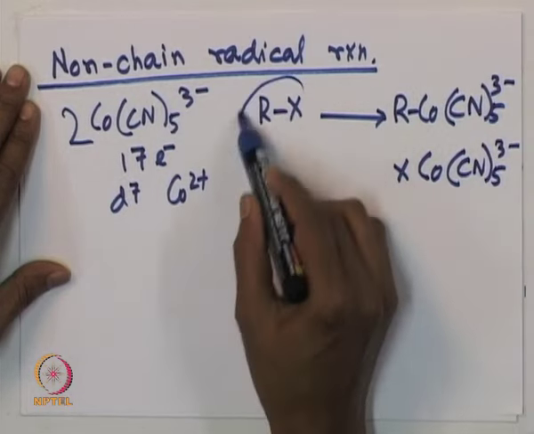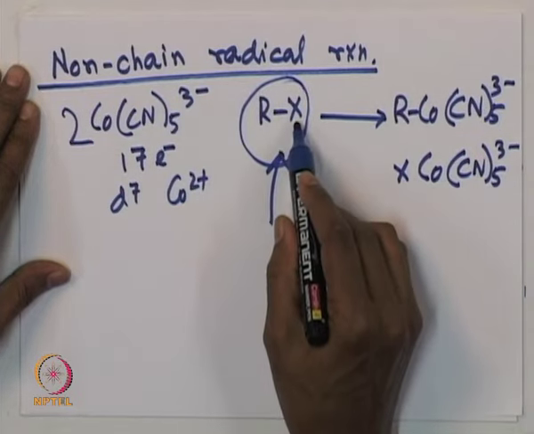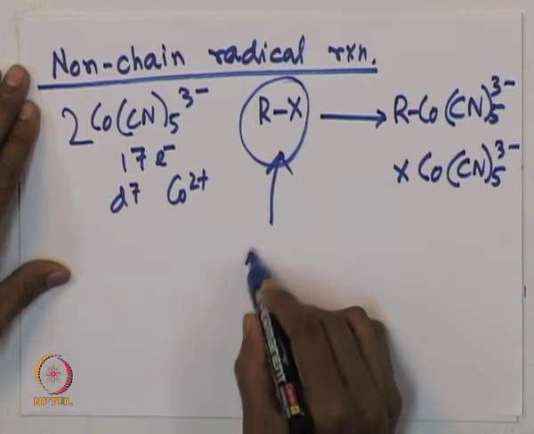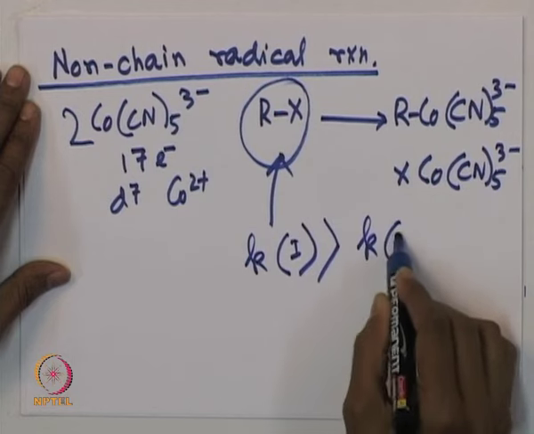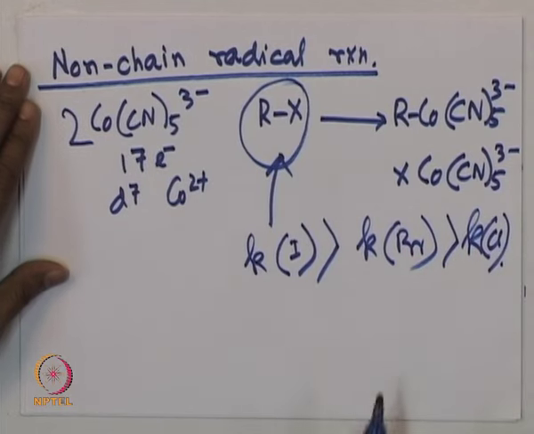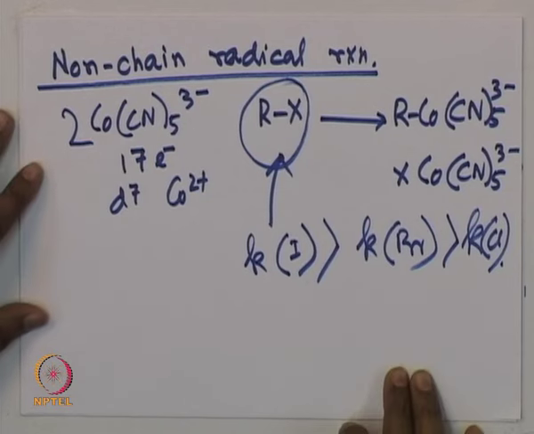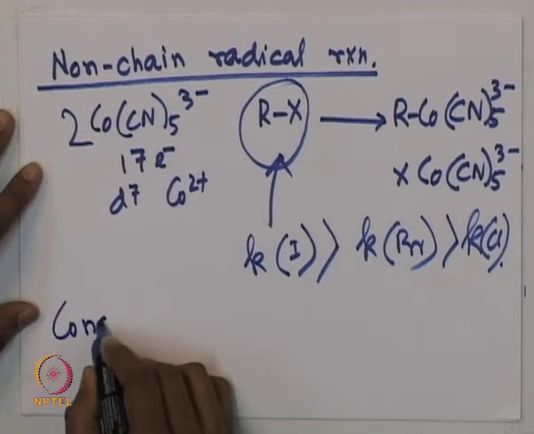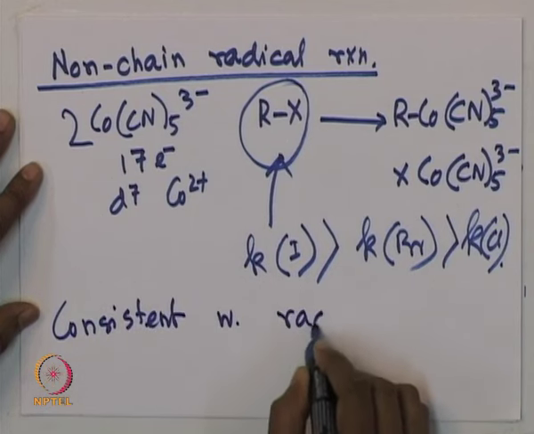Now, if you are varying different RX, like iodide, bromide, chloride, the rate constant for the iodide will be faster than bromide, then chloride and so on. Again, this further proves that it is a radical mechanism. If iodide is faster than bromide and then chloride, this suggests that it is a radical mechanism. Therefore, this is again consistent with radical abstraction.